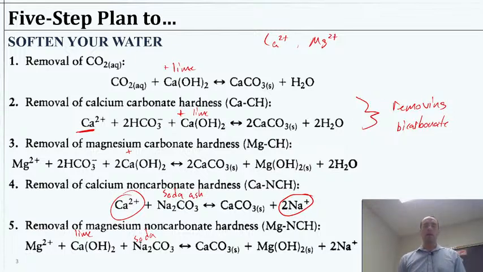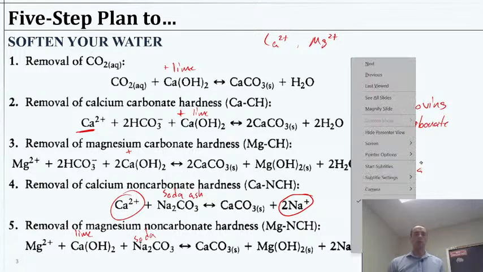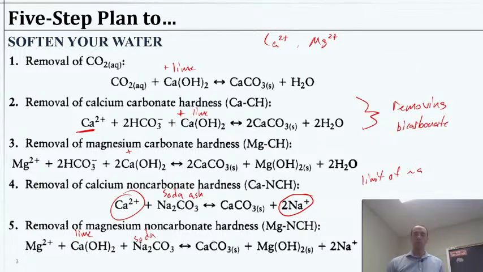I think it's somewhere around 20 to 30 milligrams per liter of calcium carbonate, or hardness as CaCO3, in terms of what will end up remaining there no matter how hard we try.